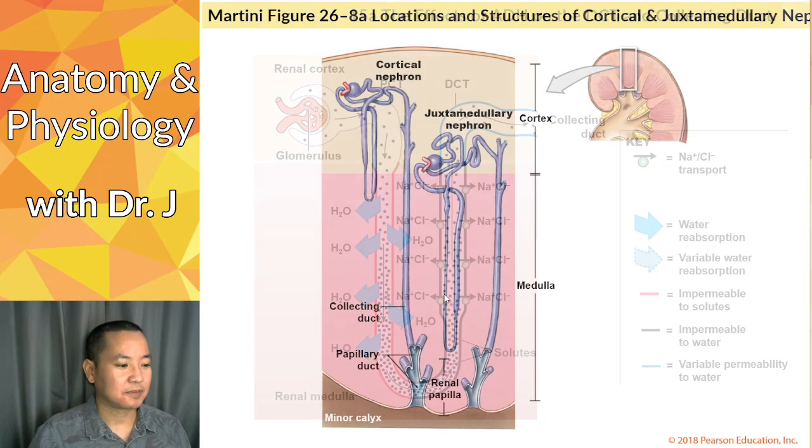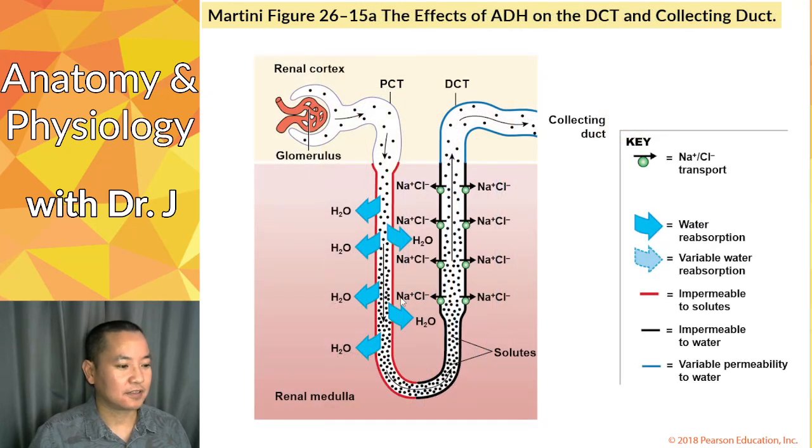Now, the cool thing is it builds on each other. As you pump out more sodium chloride, you draw out more water via osmosis. And as you draw out more water, you have more concentration of sodium chloride and other electrolytes. Then you can pump that back out, drawing out more water, concentrating more ions, pumping out more ions. This is a process we call countercurrent multiplication. Why is that? Well, this current goes this way, this current goes the other way.